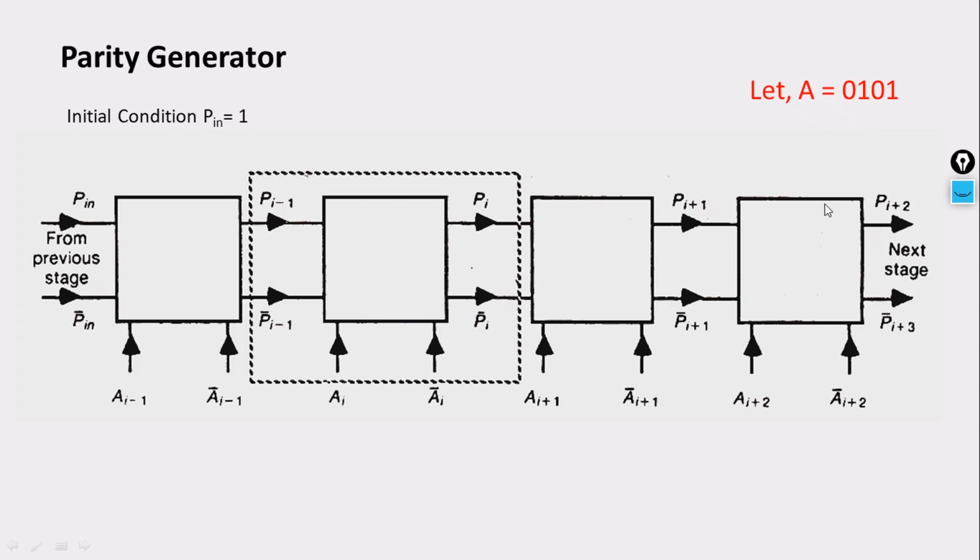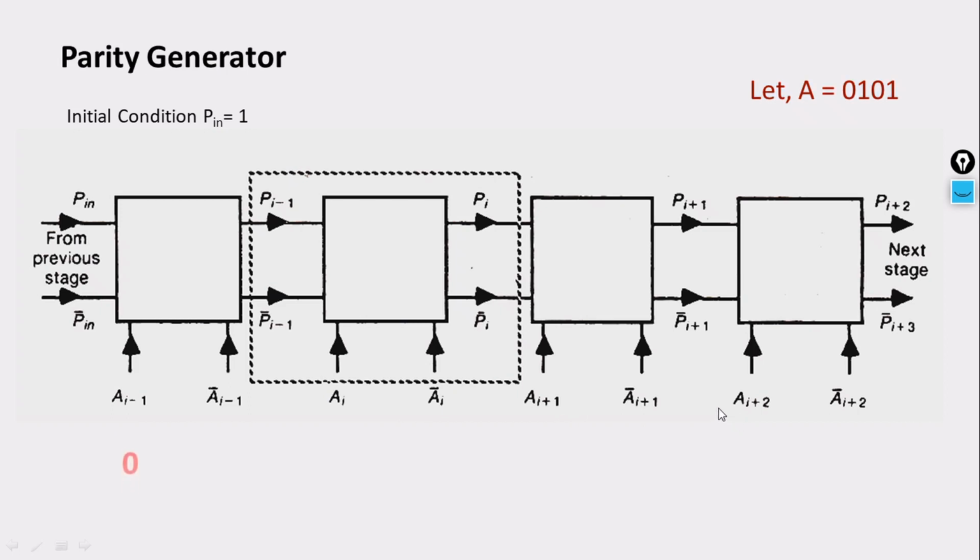Now if this is ai plus 2, it is going to be 3. So here I am going to have 0, here I am going to have 1, and then again 0 and then 1.